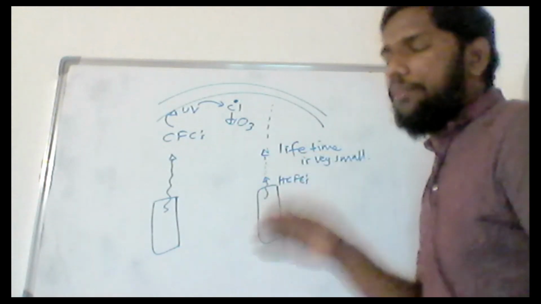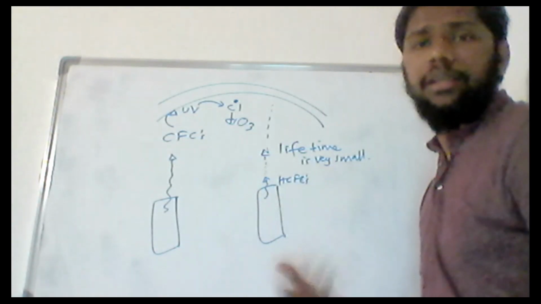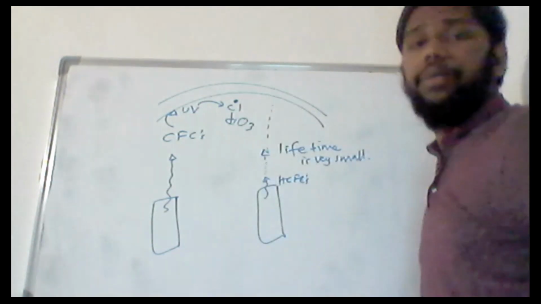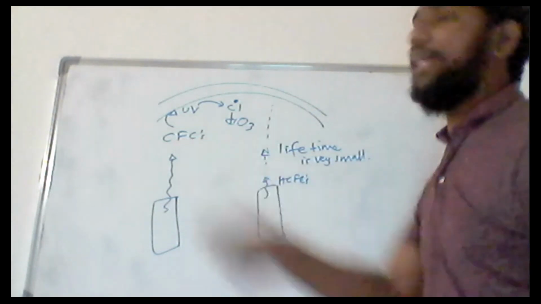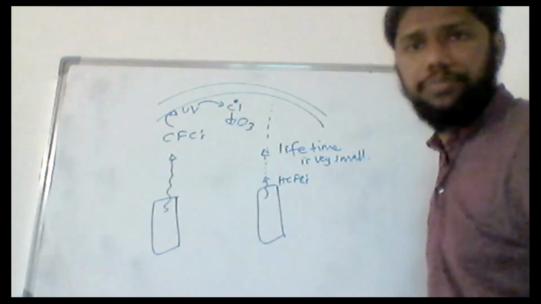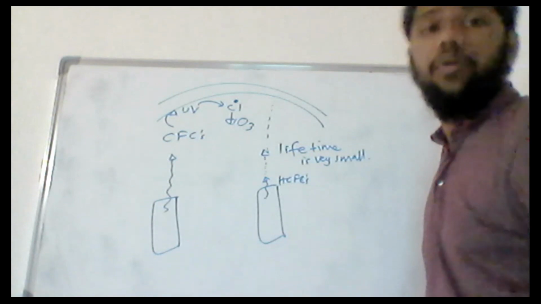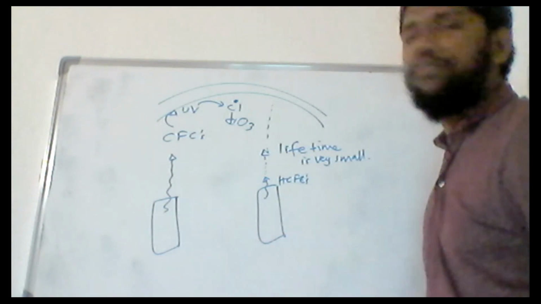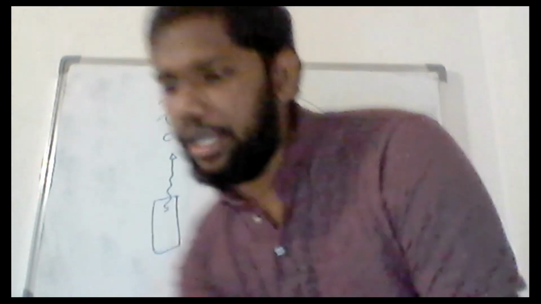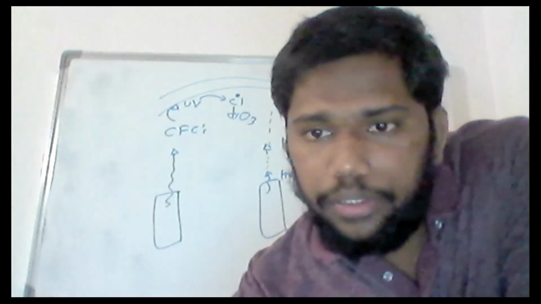In the lower atmosphere itself, HCFC is completely destroyed. It does not go towards the upper stratosphere, but CFCs have a higher lifetime, so they go towards the upper stratosphere and react with UV radiation to form chlorine radicals, and then form the chain reaction destroying O3.